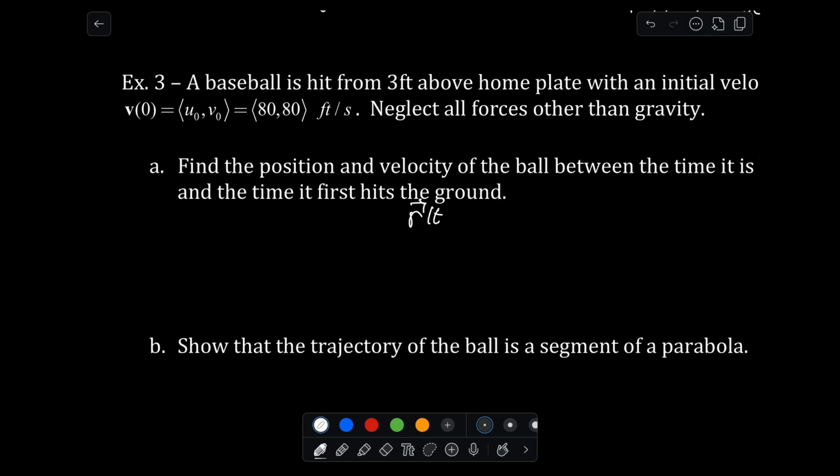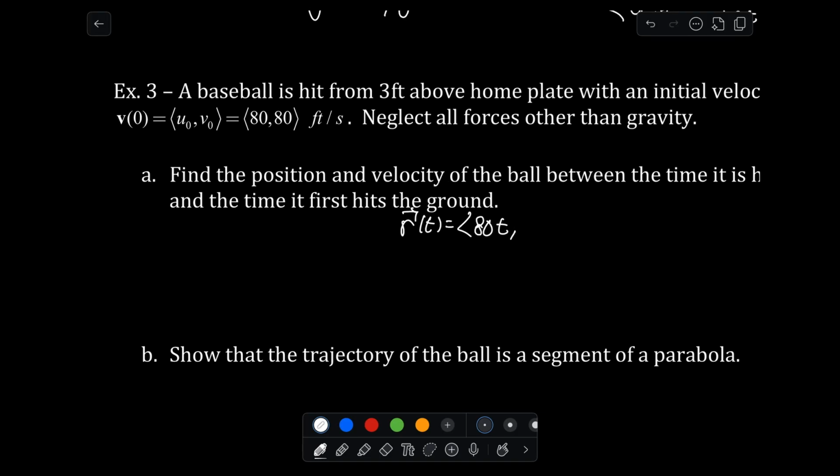So r of t is equal to 80t, because 80 is our velocity in the x. We have no initial position in the x, excuse me. We do have it in the y. Our x naught is equal to 0, 3, because it's 3 feet above home plate.